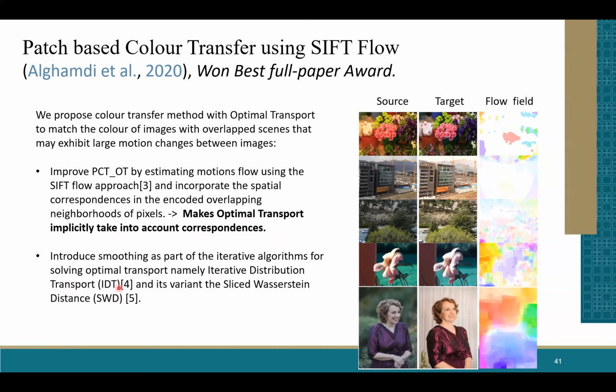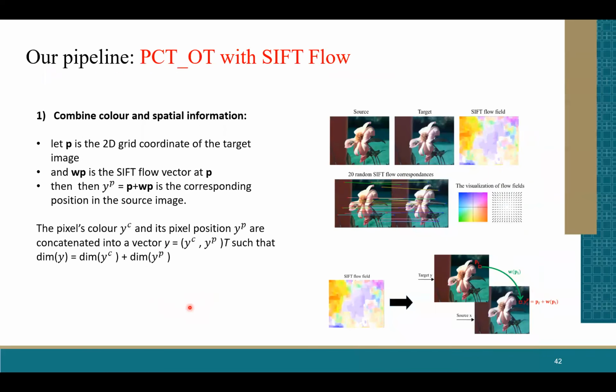Our second contribution is to introduce smoothing as part of the iterative algorithms that solve optimal transport in 1D, namely the IDT and sliced Wasserstein distance. So the first step, we combine the color and the spatial correspondences.